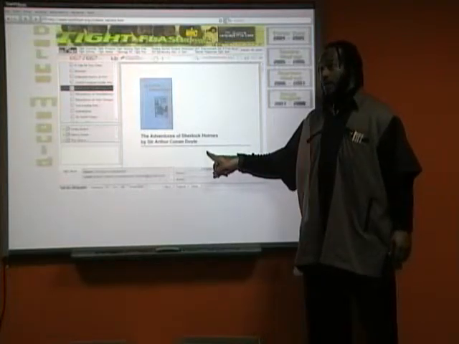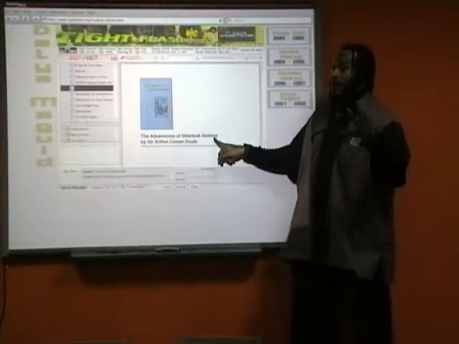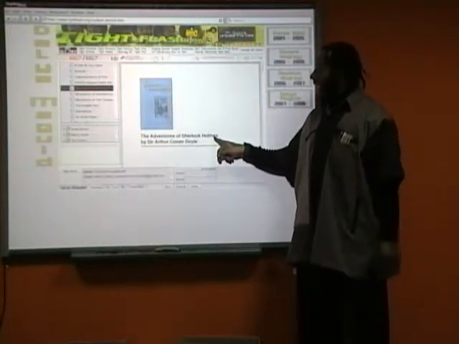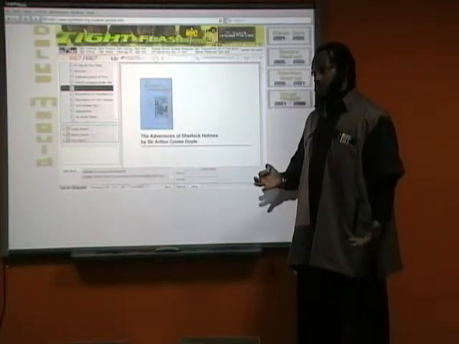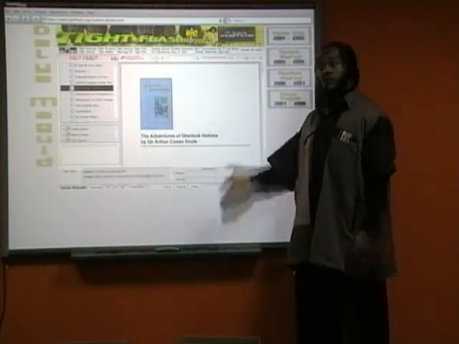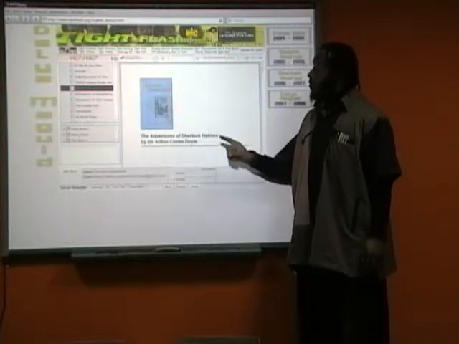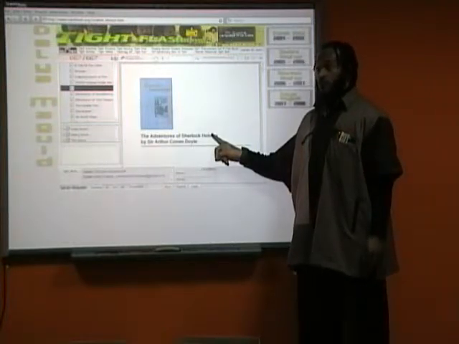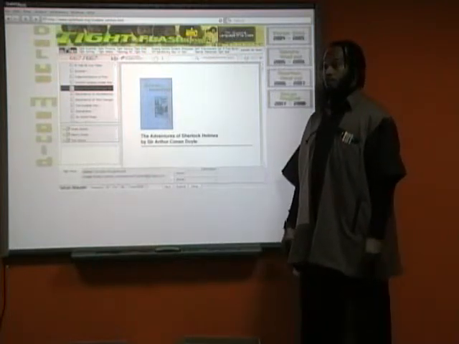So what does that mean? That means that they could use the same name and the same concept, but they can't use the exact same character. That would be cheating. So they changed the characteristics of the characters in all those other stories. There's only one story with the characteristics that this Sherlock Holmes has.